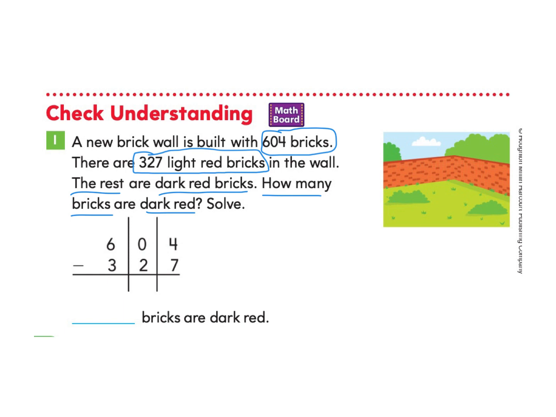We always start with the ones column. We have 4, take away 7. Well, we don't have enough to take away 7 from 4, so we'll need to go next door. But we don't have any 10s here, so we can't take one of these 10s and make it into 10 ones because there's nothing here. So we're going to go next door to the hundreds column.